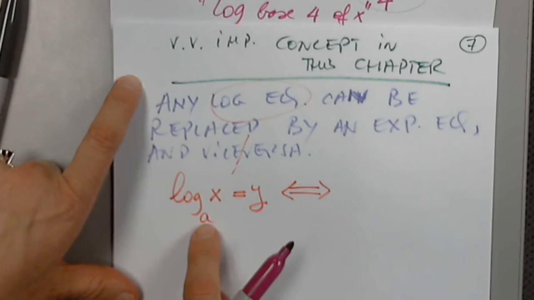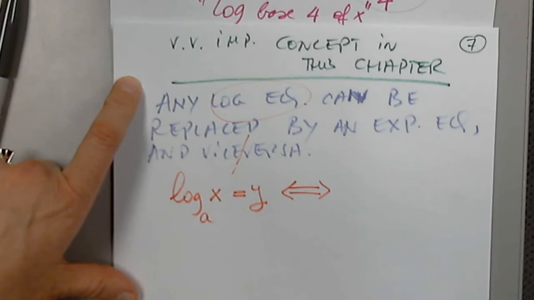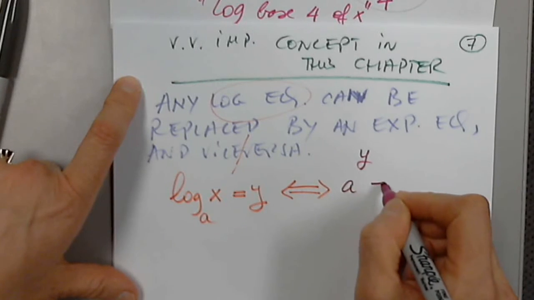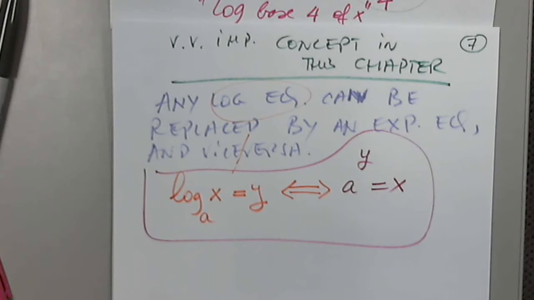Counterclockwise. A raised to the power y equals x. This is exactly what we wrote in words. A log equation can be replaced by an exponential equation. An exponential equation can be replaced by a log equation.